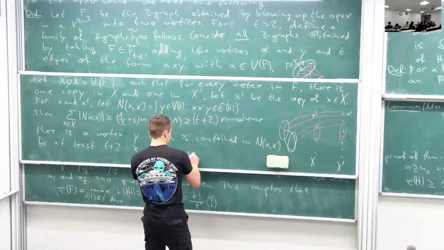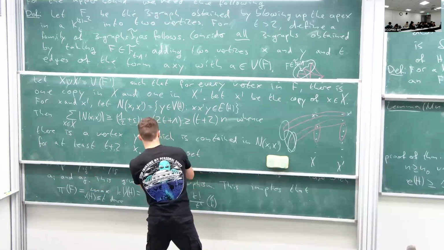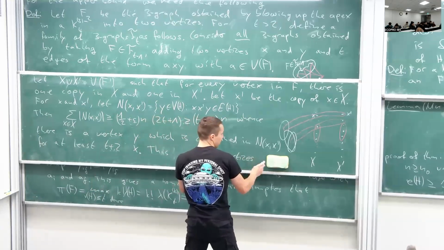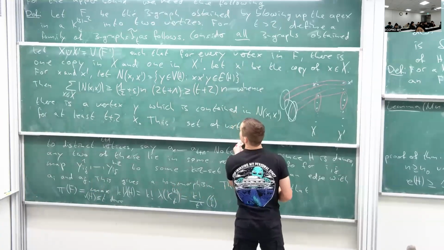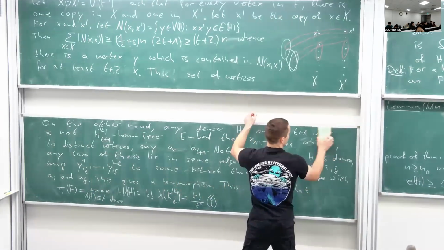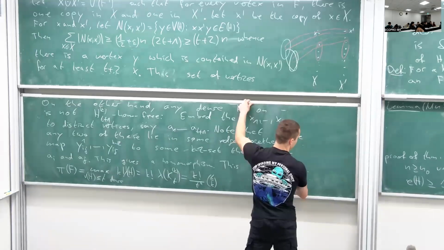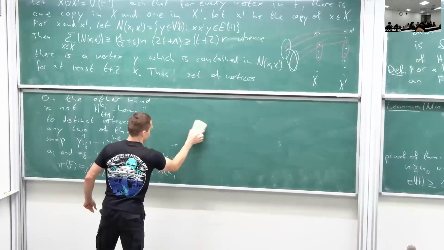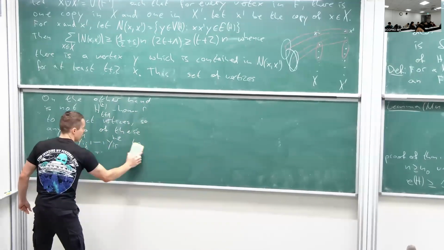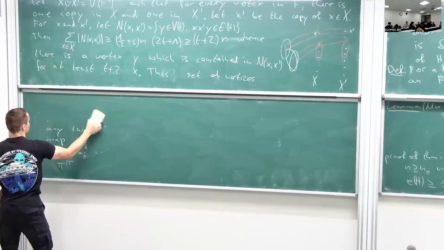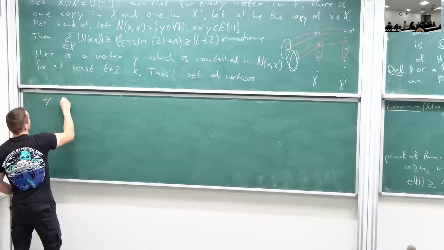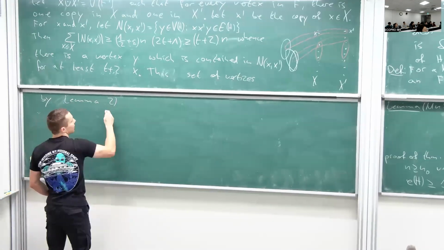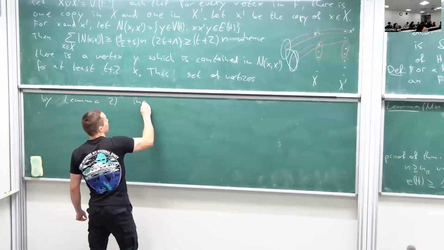So this set of vertices, by the lemma, the second one, induces an edge.